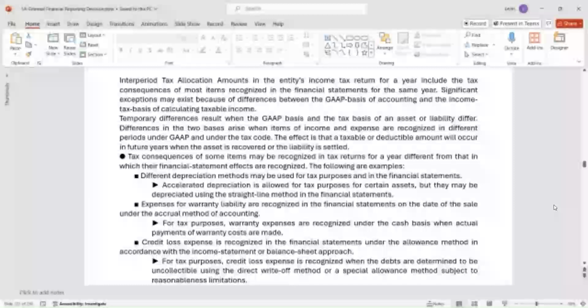Credit loss expense is recognized in the financial statements under the allowance method in accordance with the income statement or balance sheet approach. For tax purposes, credit loss expense is recognized when the debts are determined to be uncollectible, using the direct write-off method or special allowance method subject to reasonableness limitation.